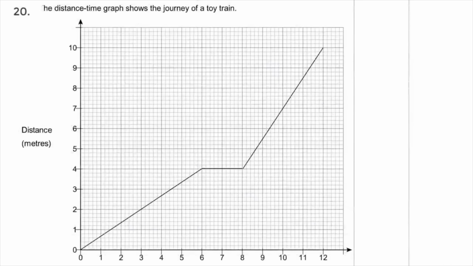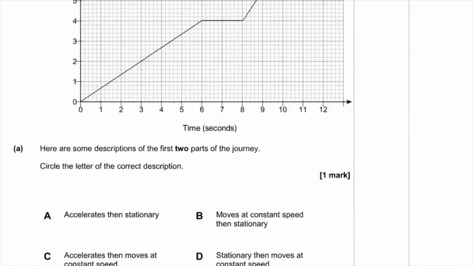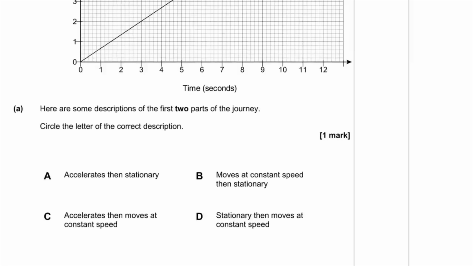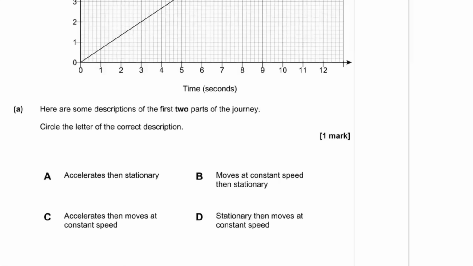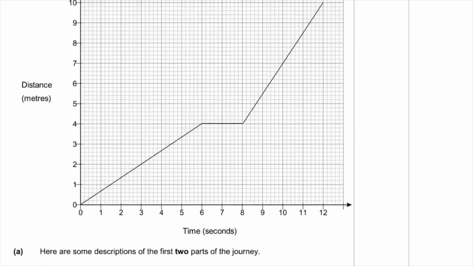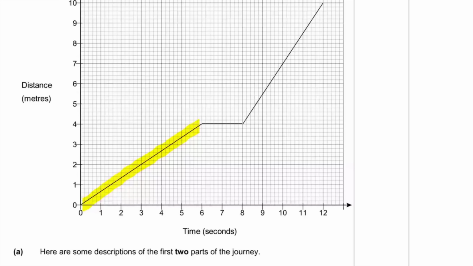That gives us a distance time graph showing the journey of a toy train. And underneath we have 4 possible descriptions of the first 2 parts of the journey. Now let's have a look at the first 2 parts of the journey. This first part here is a straight line, and it is increasing as time increases, so it's sloping upwards.